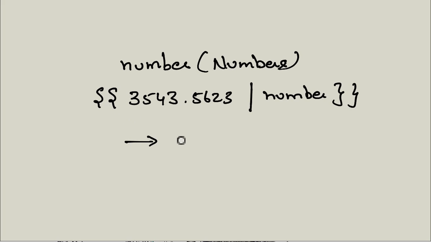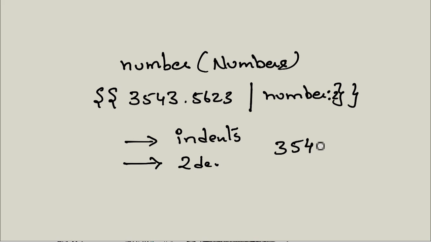First it will add commas. And we can provide an input parameter saying that I want to round this number to two decimal points. So I will say number colon 2. Now this number will be rounded to two decimal points. So the output we get is 354, with commas added, and .56.